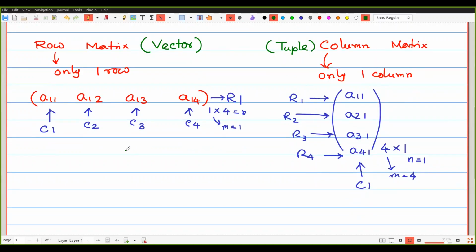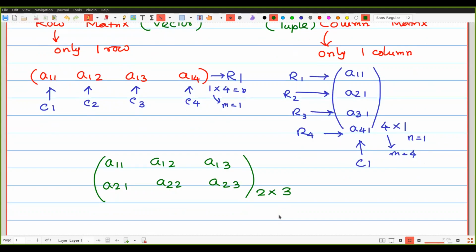Now the second one. Suppose we have a matrix A11, A12, A13, A21, A22, A23. That is a matrix of order 2 cross 3, 2 rows and 3 columns.